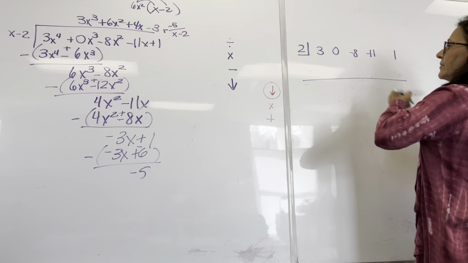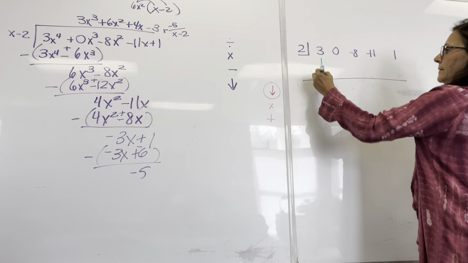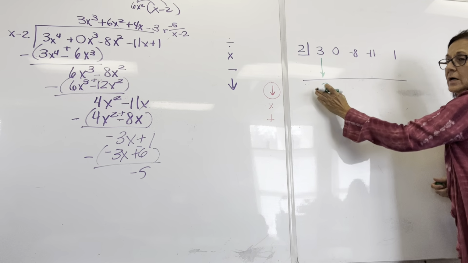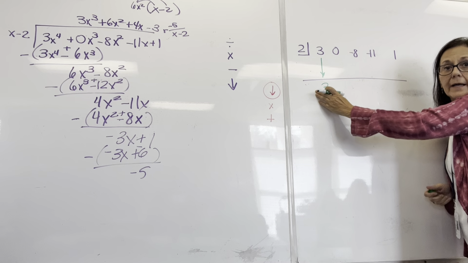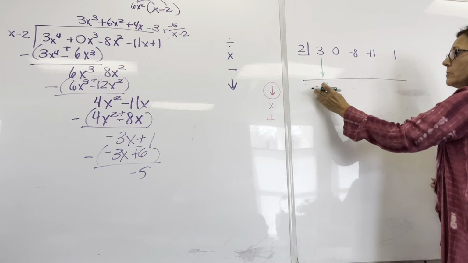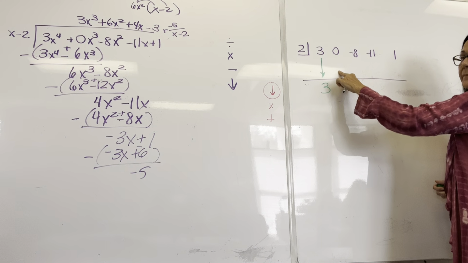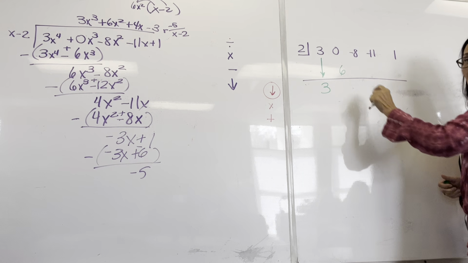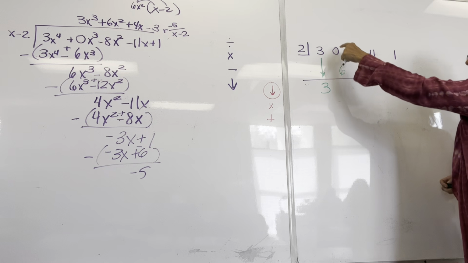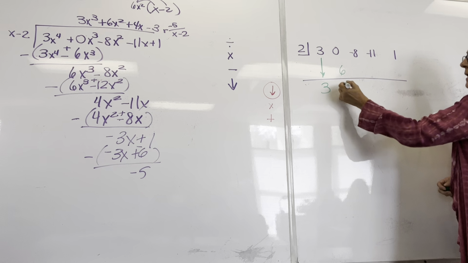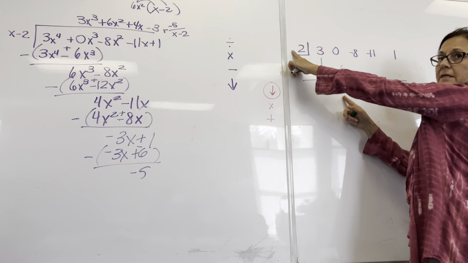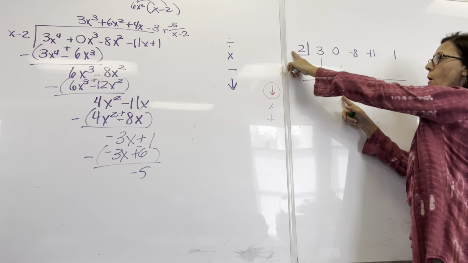So I bring down the 3. I'm multiplying what's in the backwards L times what's below this line. So it's 2 times 3, then I'm writing it above the line. That's 6. Got it? Now I'm adding. 0 plus 6 is 6. Now I'm multiplying. 2 times 6 is 12.